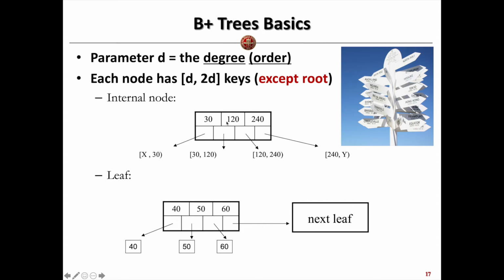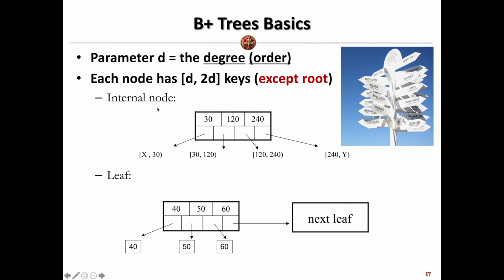Therefore, all the numbers in the children nodes this pointer points to should be in the range from 30 to 120. This one is in the range from 120 to 240, and this one is from 240 to a certain number which is larger. You can follow me, right? So the first layer denotes the keys, the second layer denotes these pointers. And for the children nodes, each pointer points to should be in a range for these values.